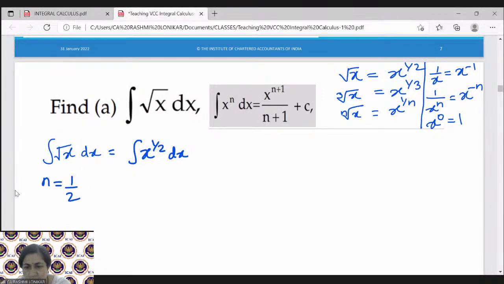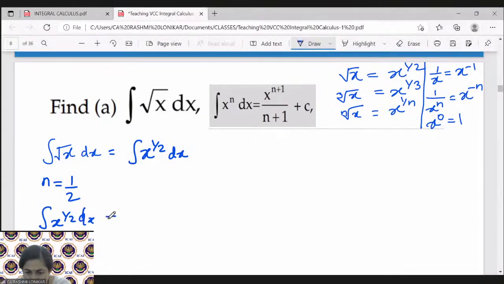Therefore the integral of x raised to half dx is equal to x raised to half plus 1 upon half plus 1 plus c.